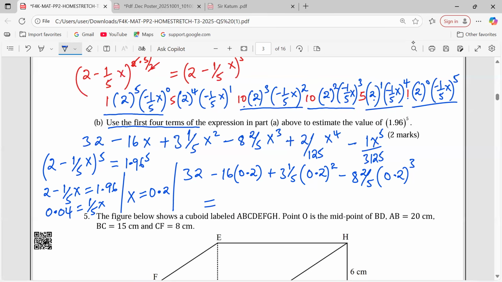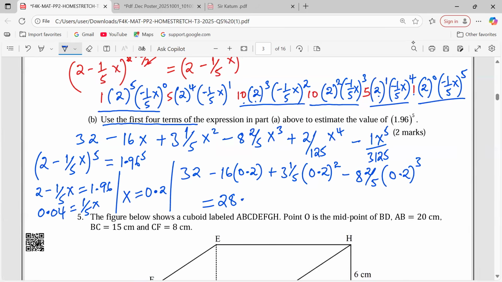This will give us 28.8608. So that is the expanded form.